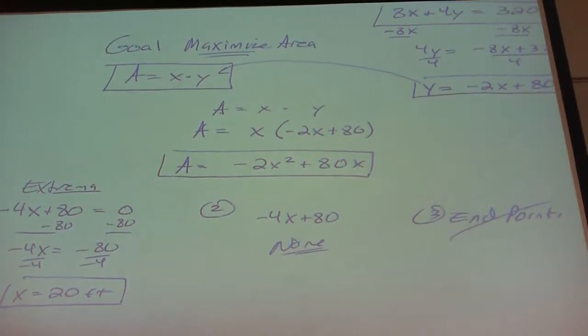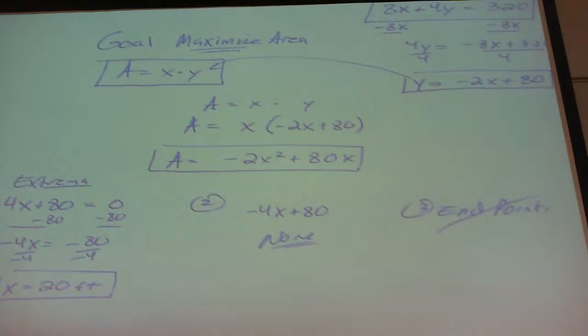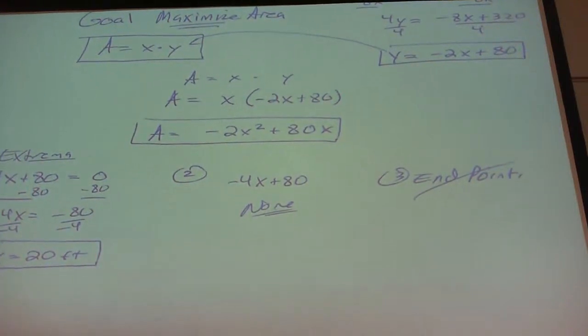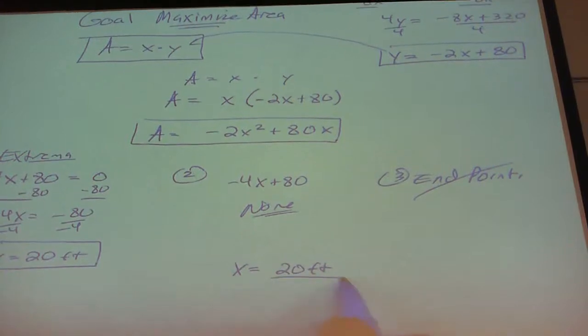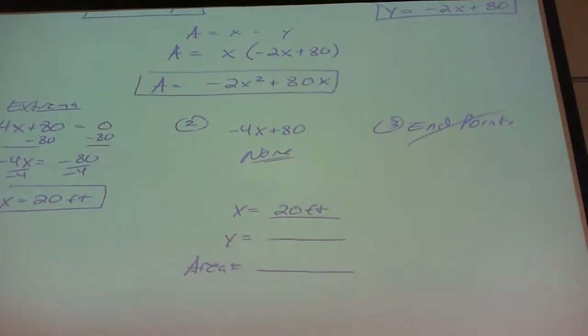So bottom line, we found x. Once we find x, which is 20 feet, your job is to find y, and your job is to find the area. So once we find that one critical piece, then you can find y, then you can find area.